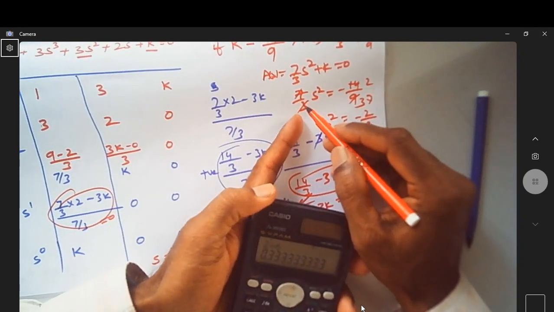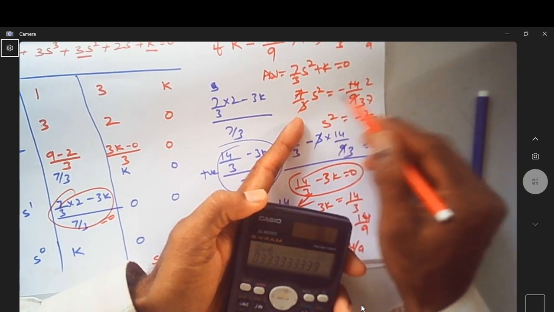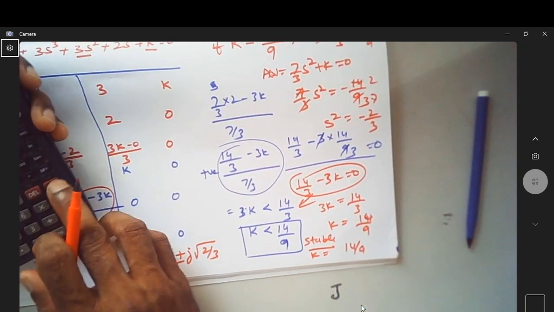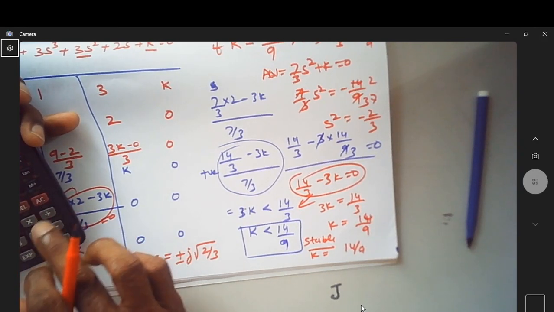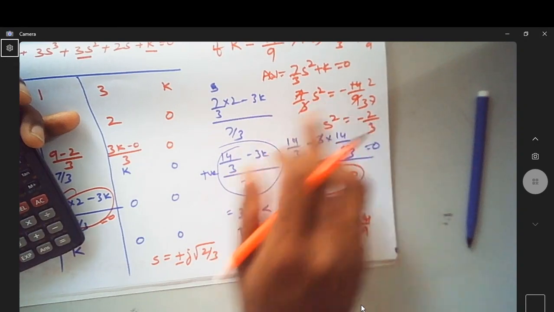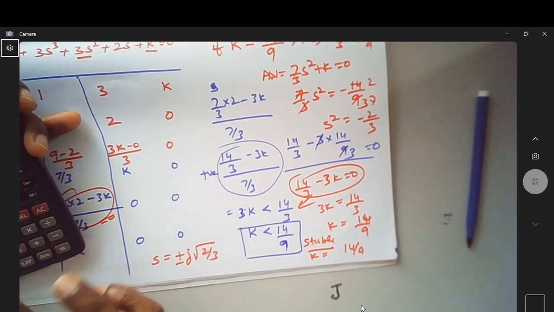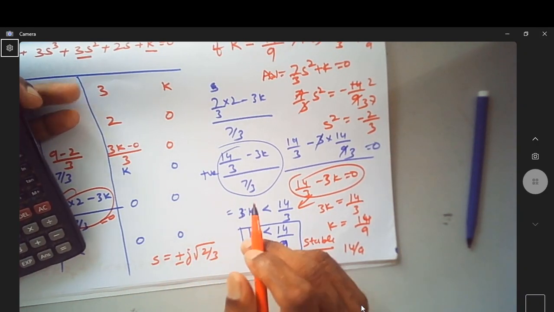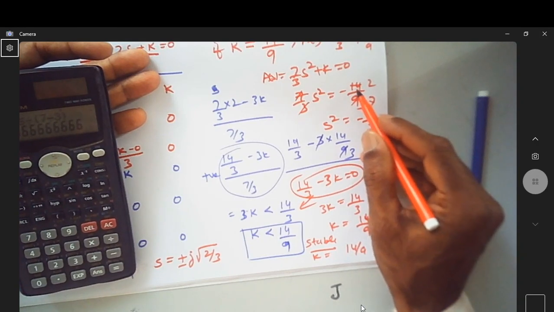Oh, one mistake, it is 3 3s. I'll just simply cross multiply them. So it is 14 by 9 divided by 7 by 3. You have it as, fine. Okay, what happened here? This is 7 2s.